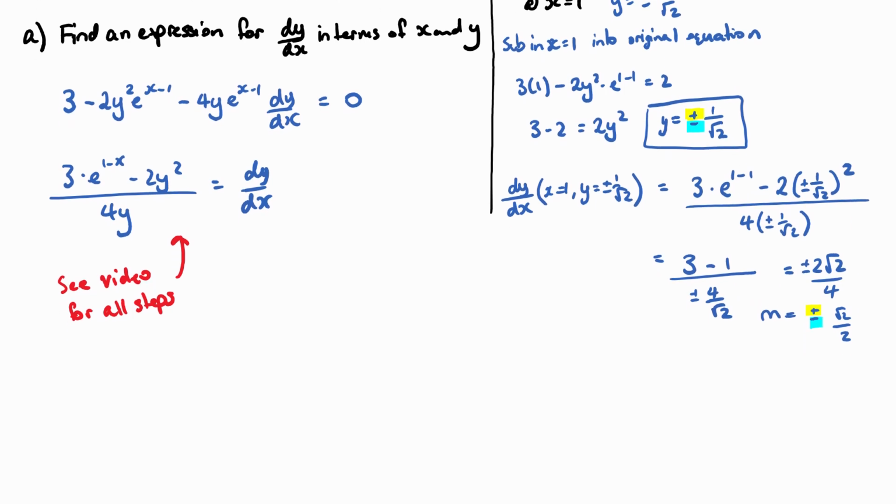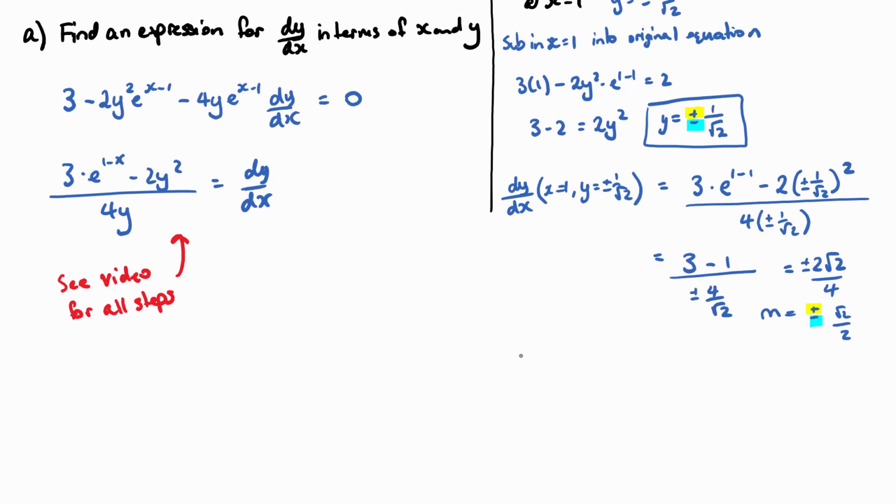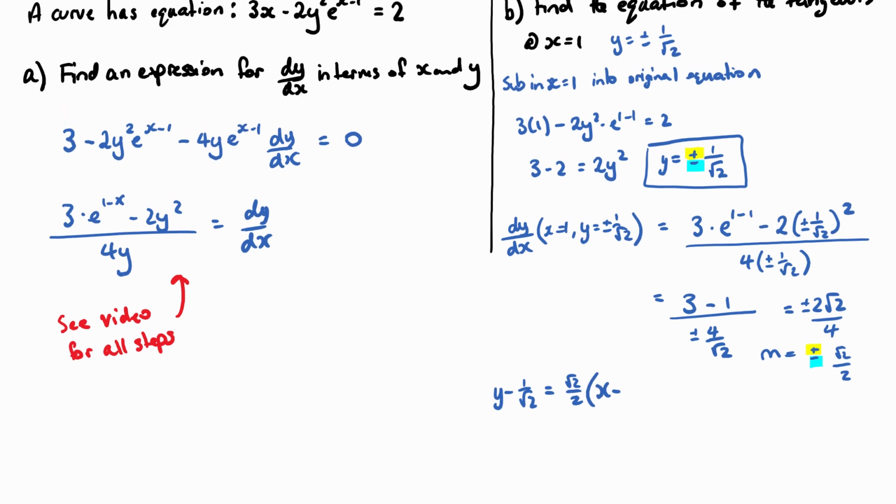Okay, so let's now find the equation of our tangents. So the equation will be y minus y1. Now let's use the positive one first. So y minus 1 on root 2 will equal m, which is positive root 2 on 2, x minus x1, and x1 is just going to be 1 for both of them.